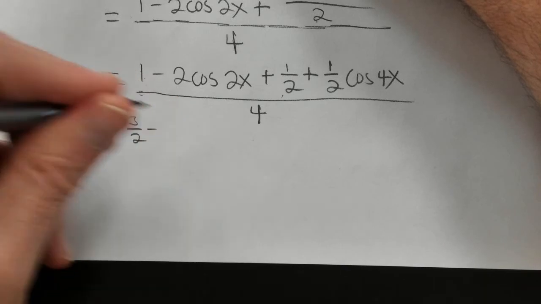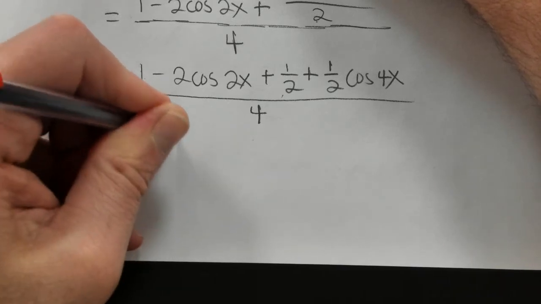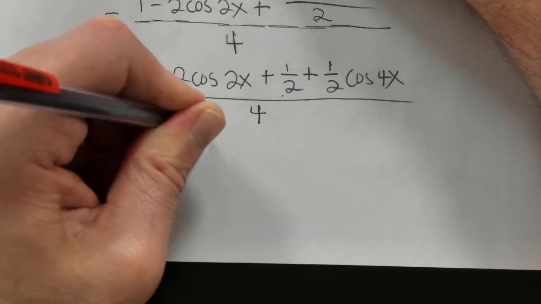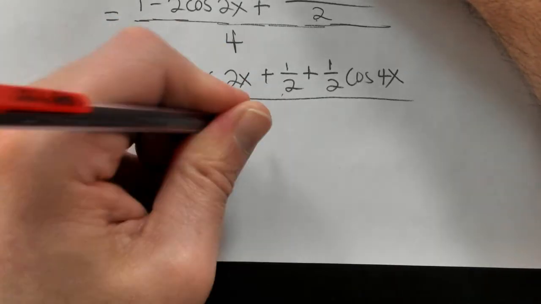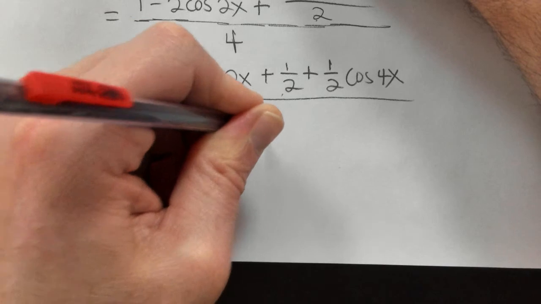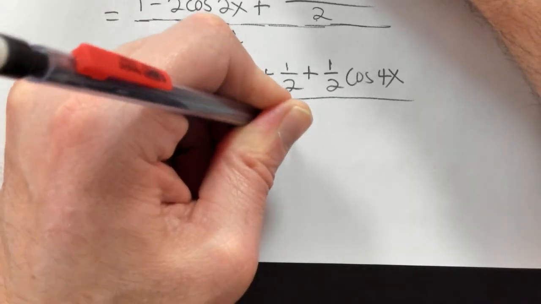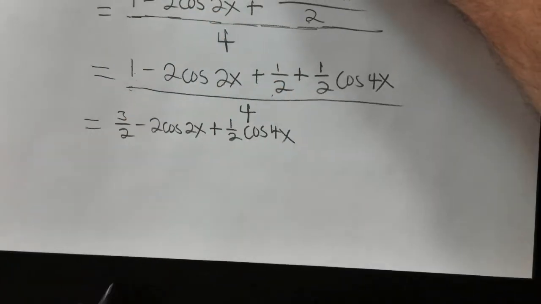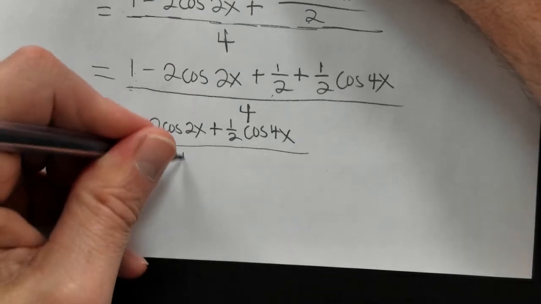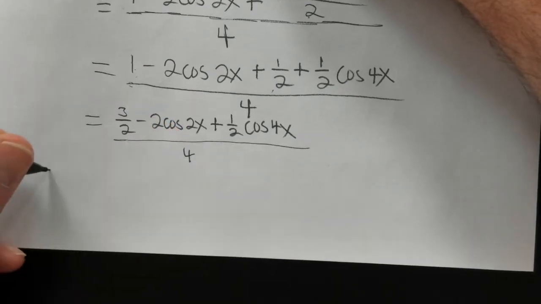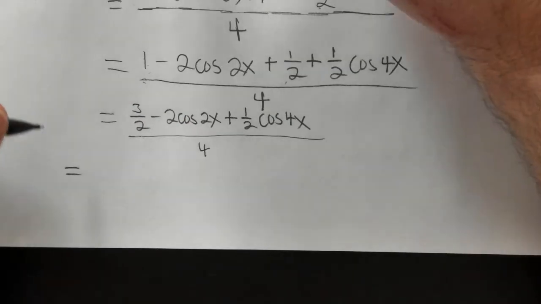I would say yes. Minus 2 cosine 2x plus, this will still remain as a 1/2 cosine 4x, okay, and all still over 4.